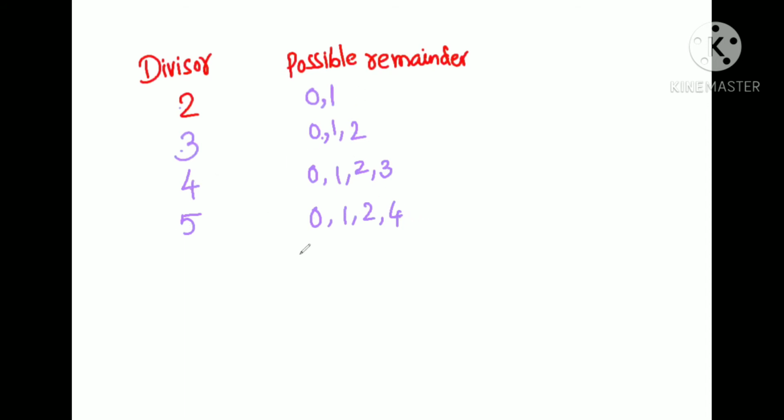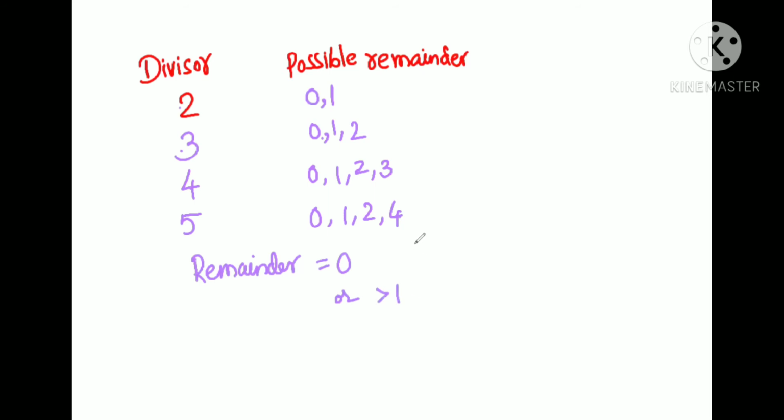Similarly, we can write this as remainder is equal to 0 or greater than 1. Remainders are 0 or greater than 1. So R is greater than 1.